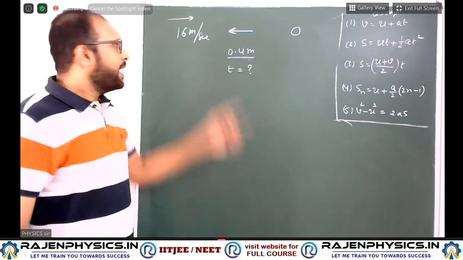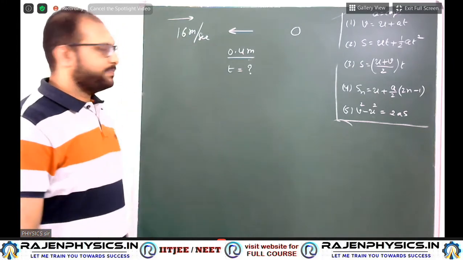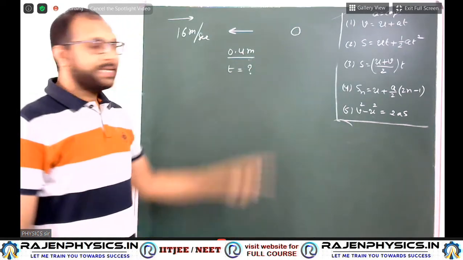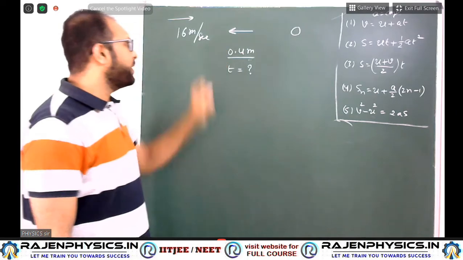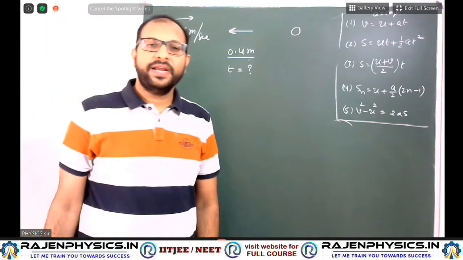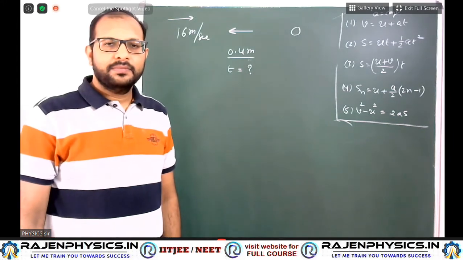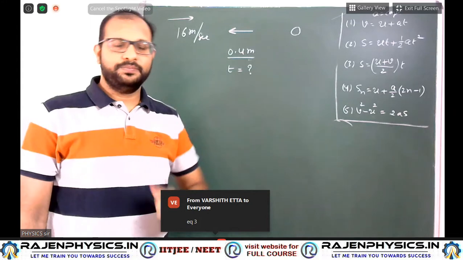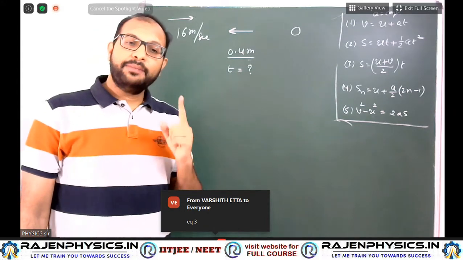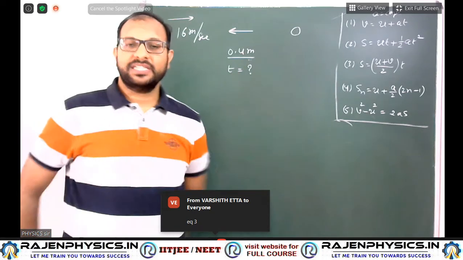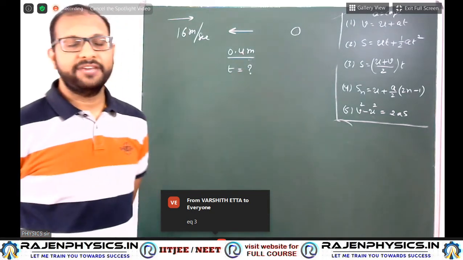Now see, initial velocity we know, final velocity we know, displacement we also know. Time we need. You can solve this problem either by using a single equation or by a combination of two equations.